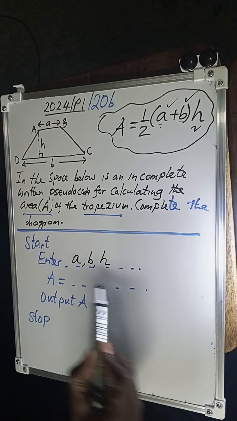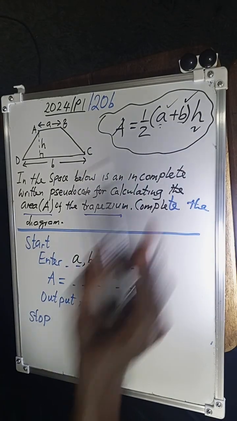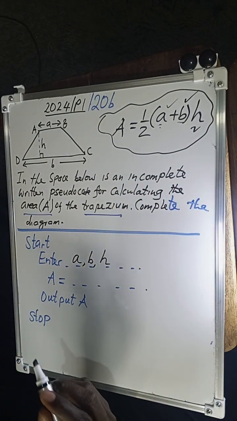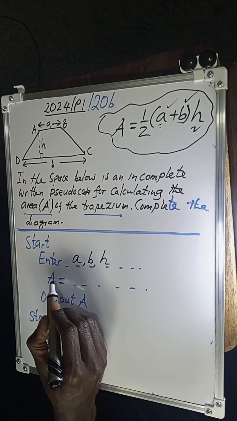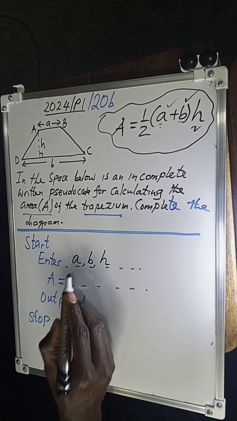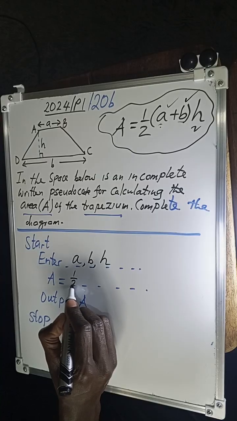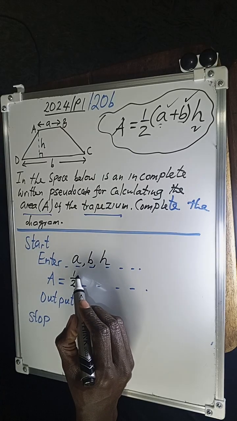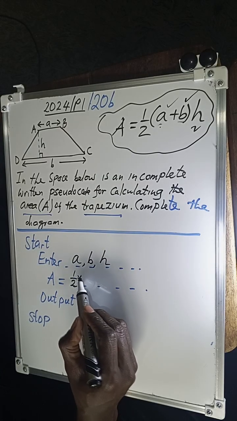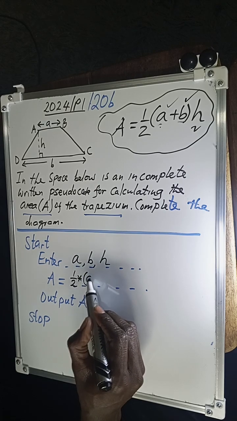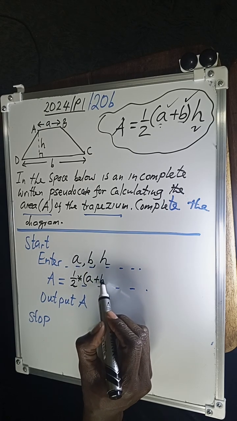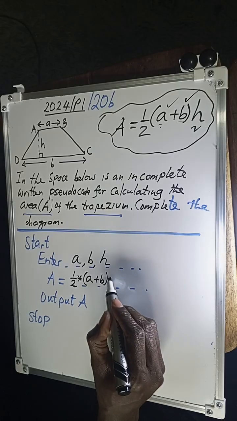So once I enter this, I need to display the formula. Here, they want you to write the formula, but remember how we write it, we don't just write it anyhow. So I can say area A is equal to, they have started for me, half, then multiply by A plus B. Remember, the plus does not change.